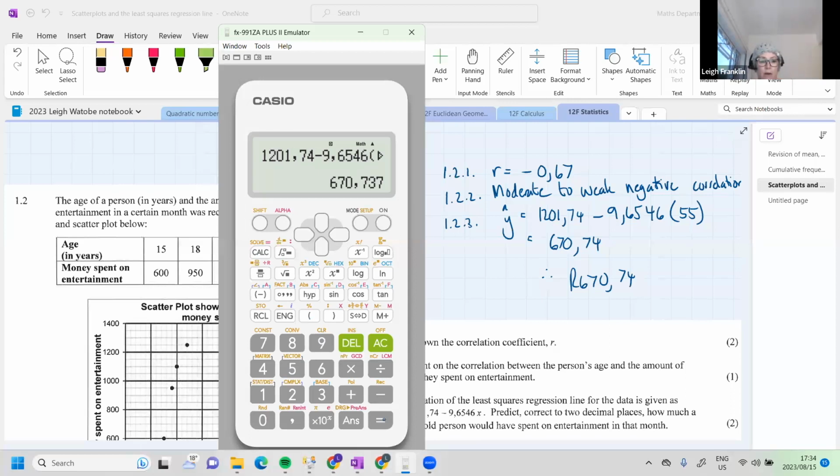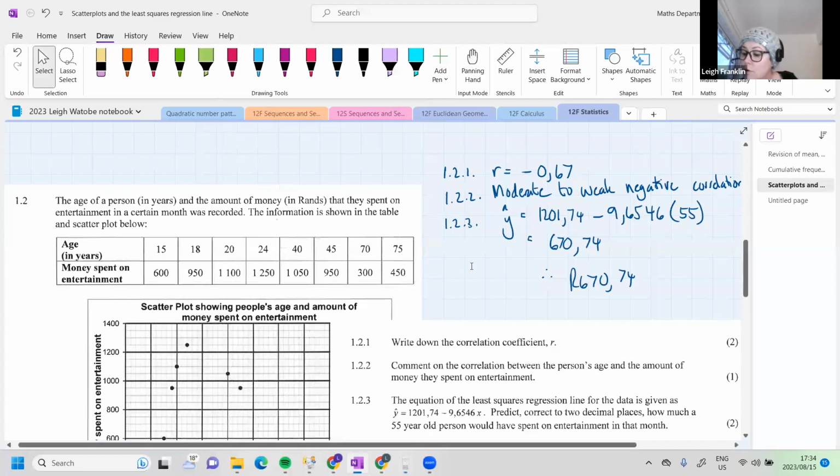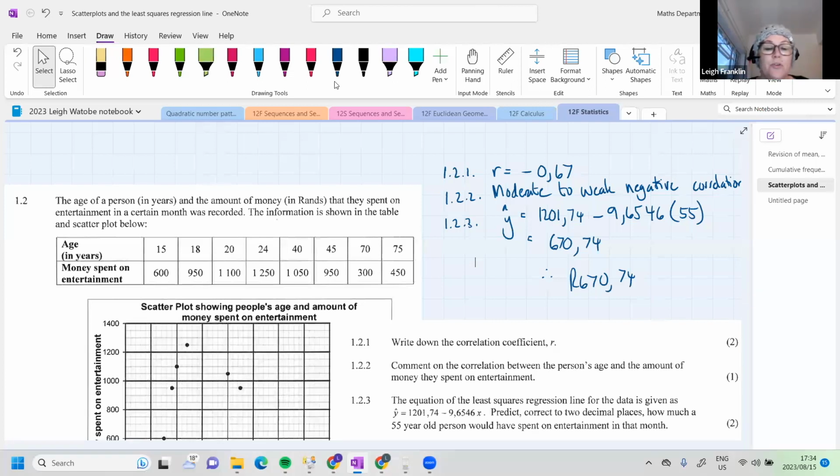Okay, so here as well, we're getting 670,74. There we go. So that's what we should be getting in this case. So 1 mark for subbing in and 1 mark for our answer. Okay, so for the correlation coefficient, they've given 2 marks in this case. That's fine. 1 mark here, 1 mark for subbing in, 1 mark on our answer.